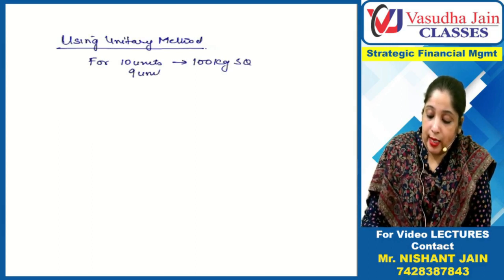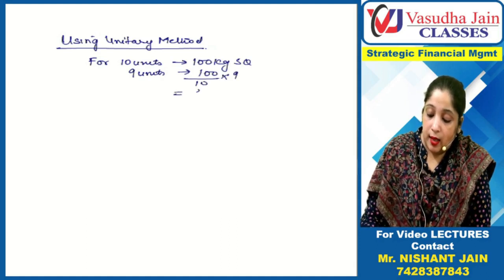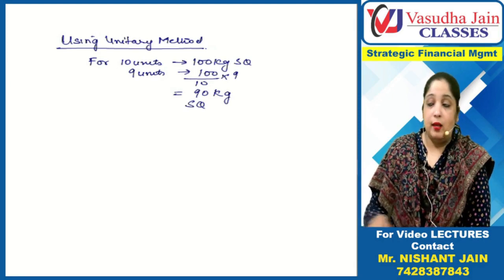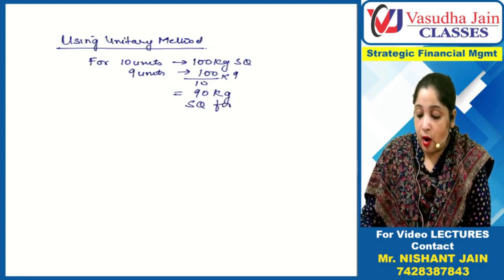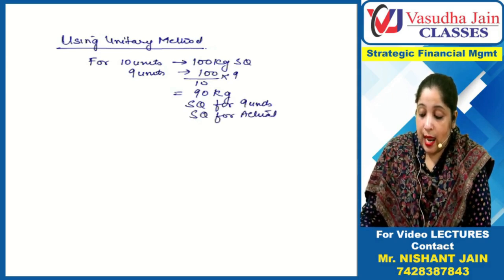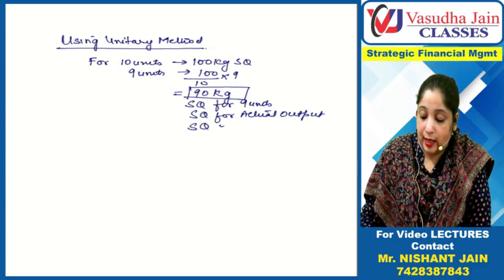For 9 units, standard quantity is 90 kg. This is also standard quantity for 9 units. And 9 units is the actual production, actual output. Can I write like this? This 90 kg is standard quantity for actual output.